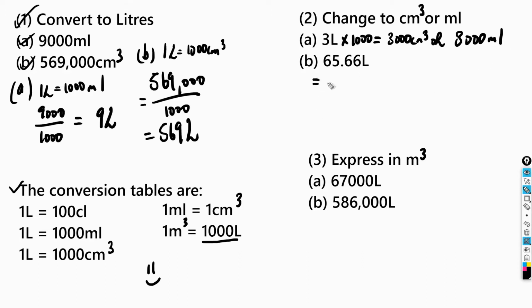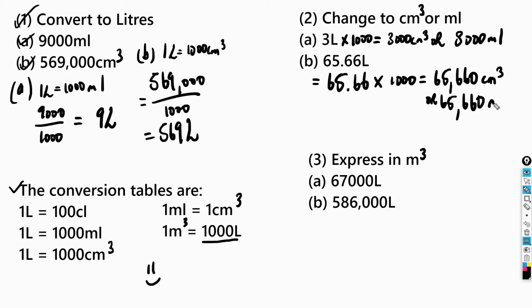So for this one, for B now, it's the same thing. 65.66 liters. If you multiply that by 1,000, we should get 65,660 centimeters cubed, or 65,660 milliliters.